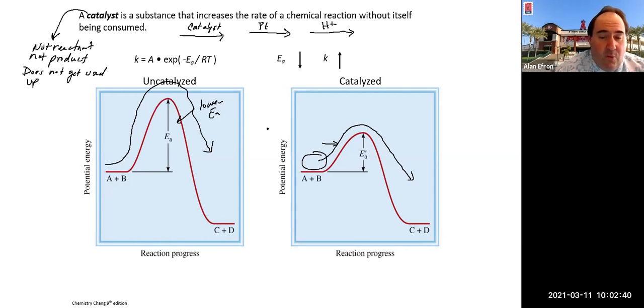How does it do that? Well, it can either provide perhaps an area where everybody could come together in a more efficient fashion. It may provide an environment that allows the reaction to occur a lot quicker, something like all that extra acid in there, that H plus allows the environment, for example pH, to help in that process.